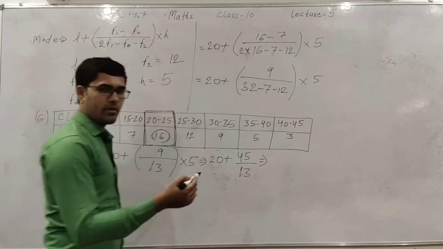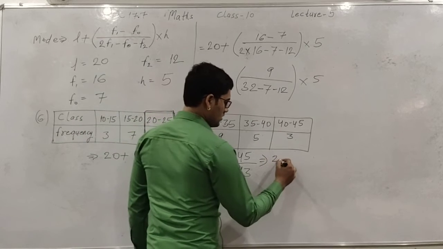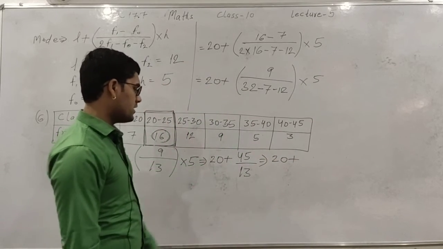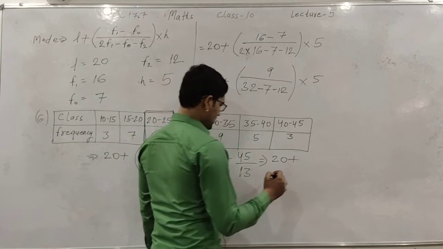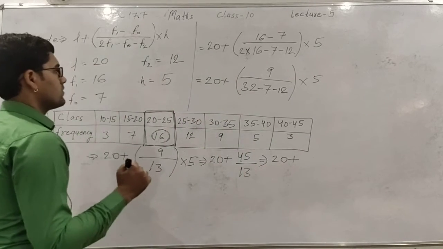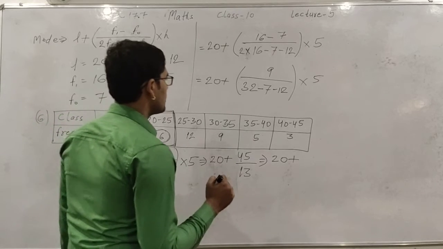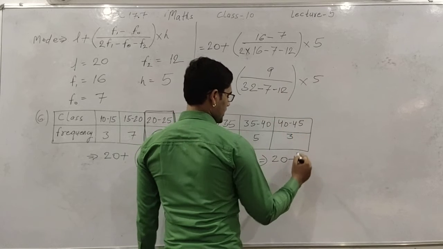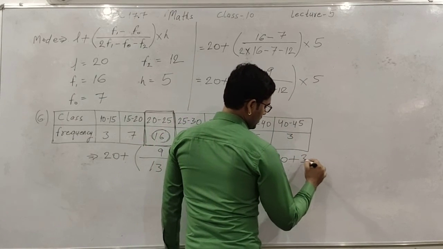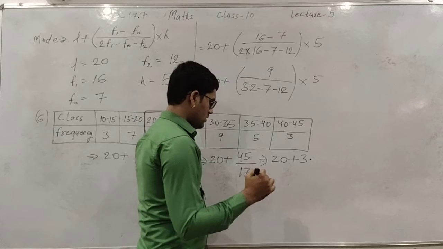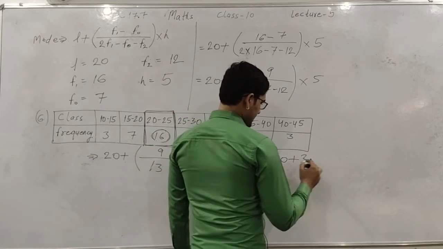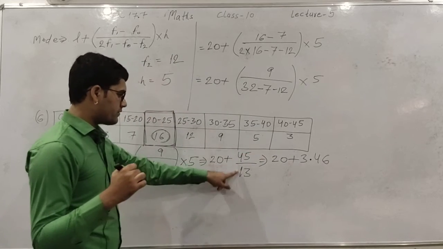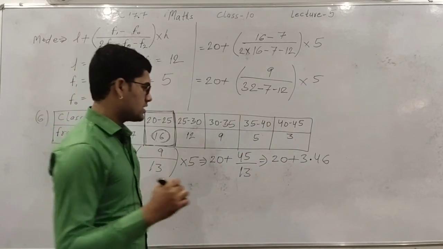I am solving it by division. When you divide 45 by 13, it will be 3.46.